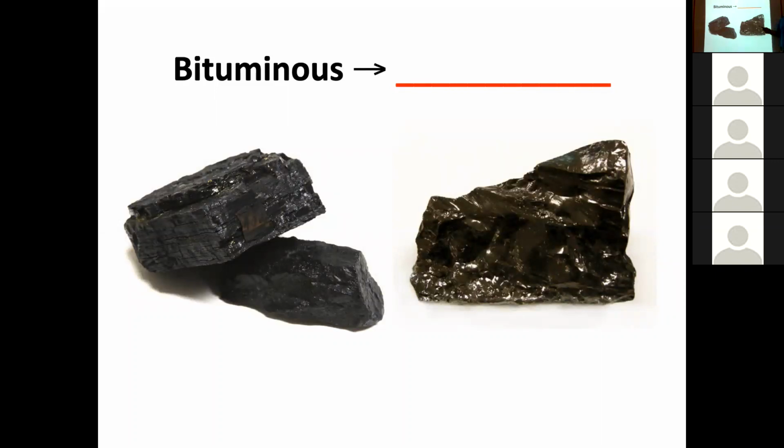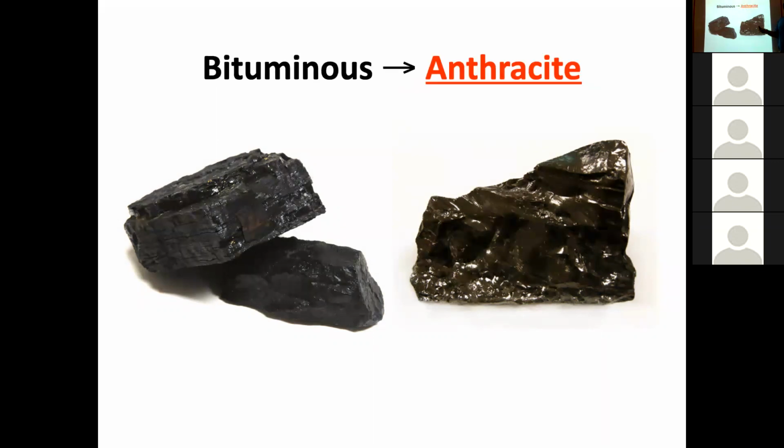Expose that to heat, and it changes into a type of coal called anthracite. It looks different. It's much more glossy. It almost looks metallic. It's much more brittle, but it also burns hotter. So it's more desirable than bituminous, but there's also not as much of it, so it's more expensive. So bituminous is the parent rock, and that gives rise to anthracite.